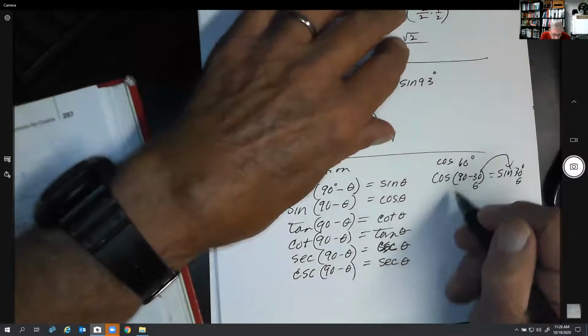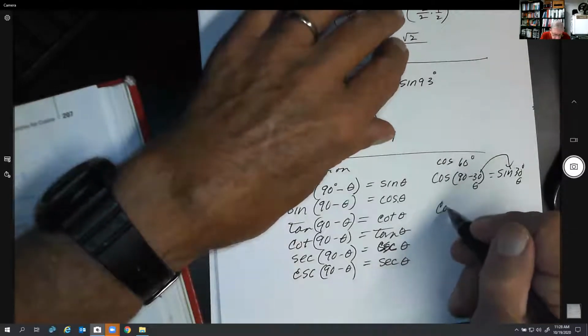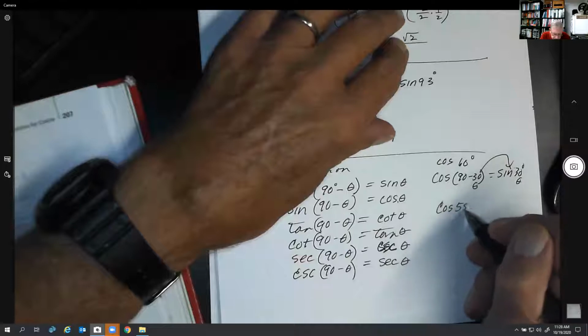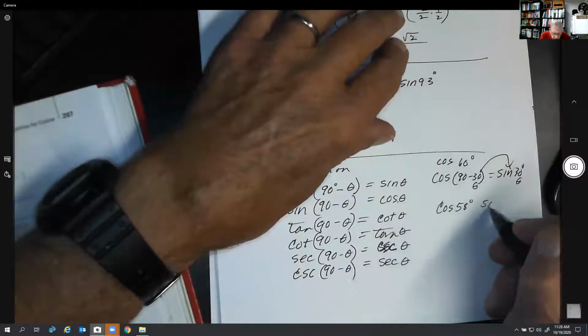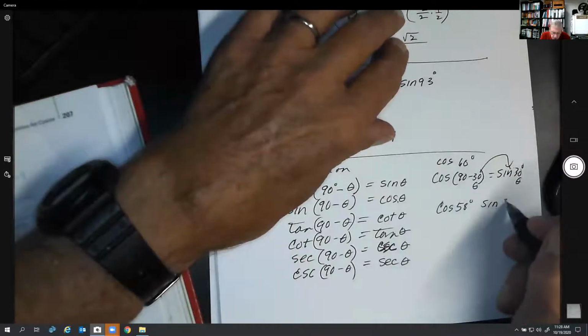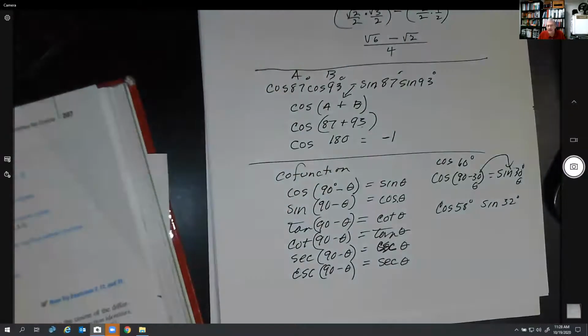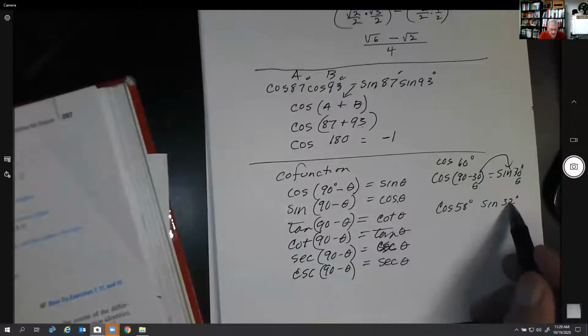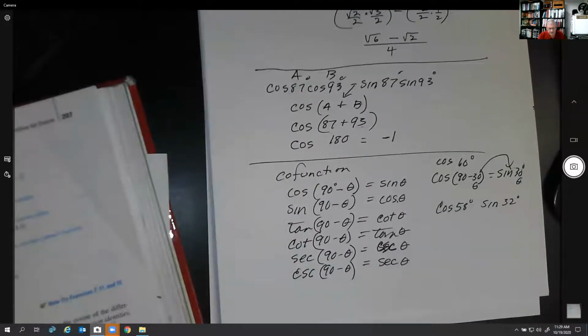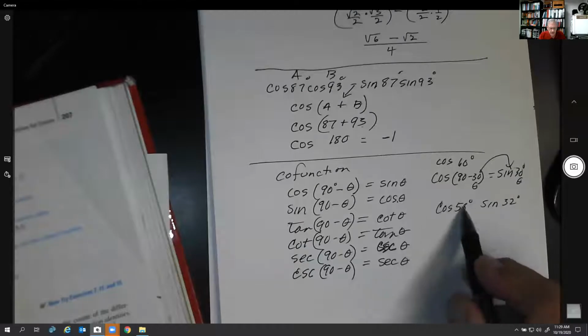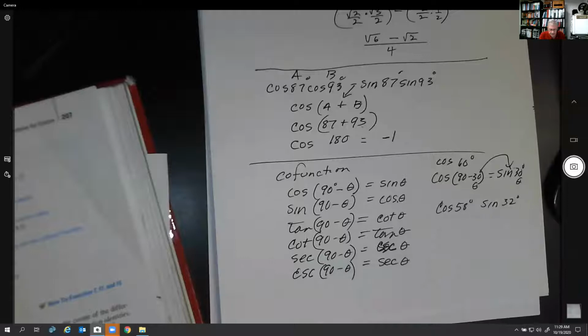So what if I had a cosine of 58 degrees? Then that would be the sine of 32 degrees. 58, 32, they add up to 90. You can just think of it that way, that these two numbers are going to add up to 90. Cosine of 58 and the sine of 32, they're going to be exactly the same thing.